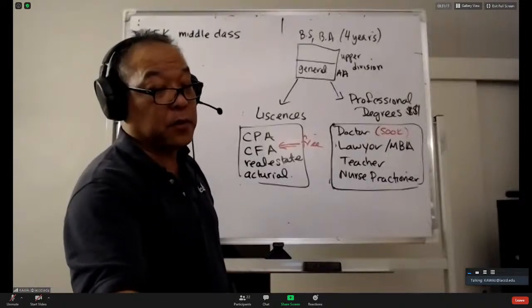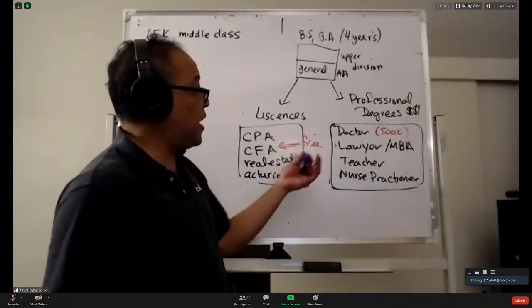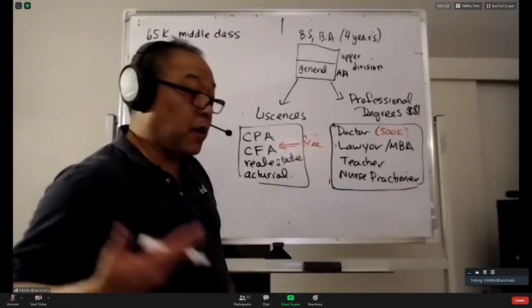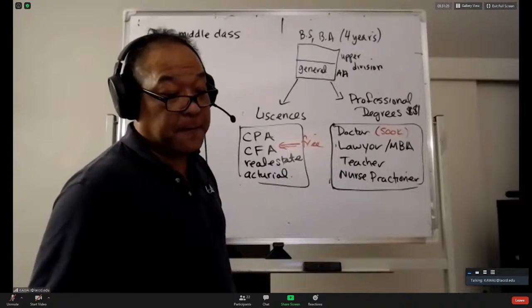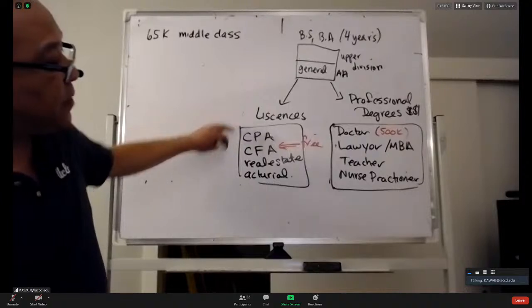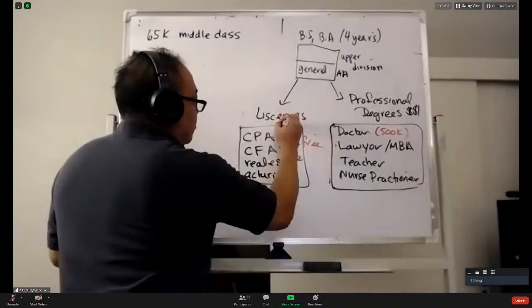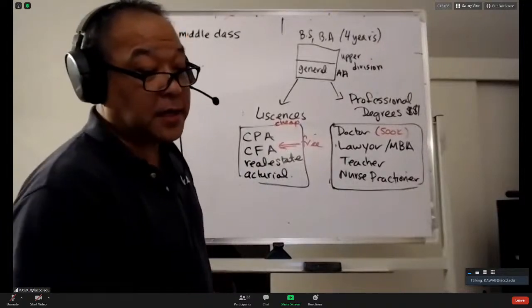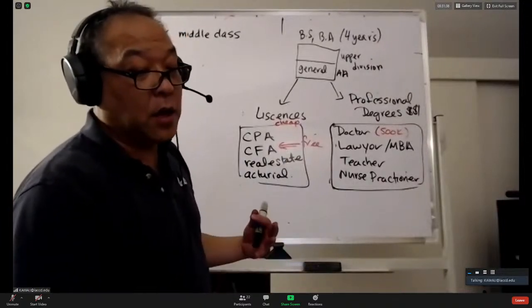Why pay for a big building? Why not just pay for someone to help you pass that test so you have the same skill and then you compete for the same job? So I do like the license a lot because these are cheap. They significantly increase your pay.